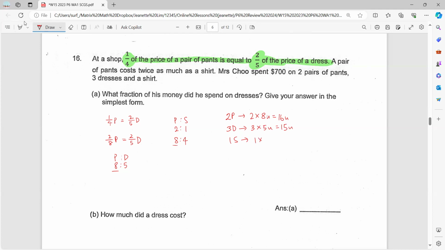A shirt is 4 units. So the total amount of money, you add them up, which is 35 units. How much did she spend on the dresses? Dresses, 15 units. So 15 over 35, simplify, 3 over 7.